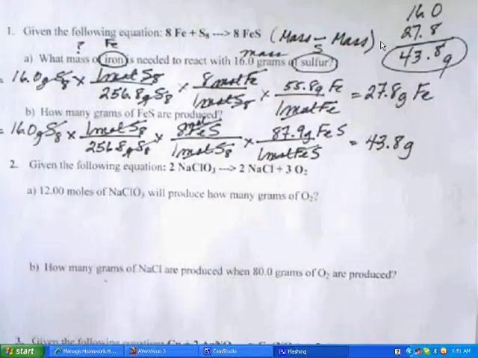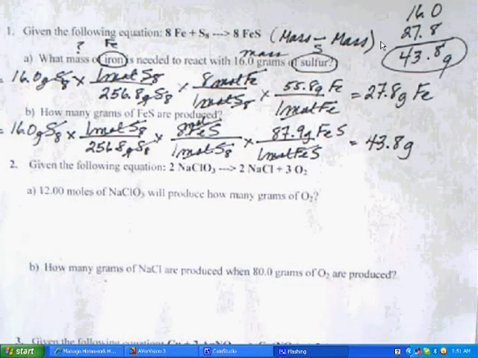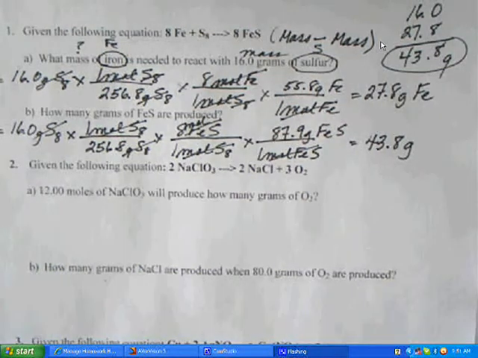We already have moles, so we actually don't need that first step. So we're going to start out with, first of all, how many grams of oxygen do we need? Since sodium chlorate was given in quantity of moles, that's where you start. So mass is not needed.